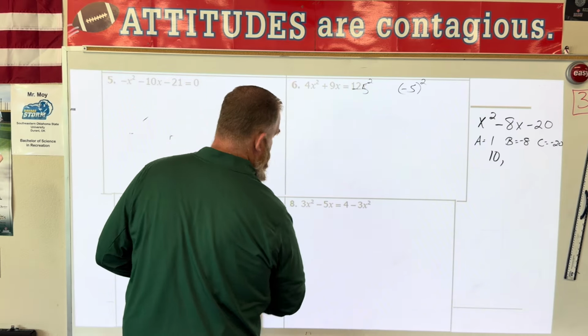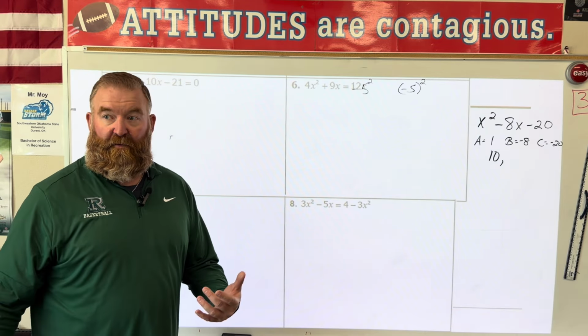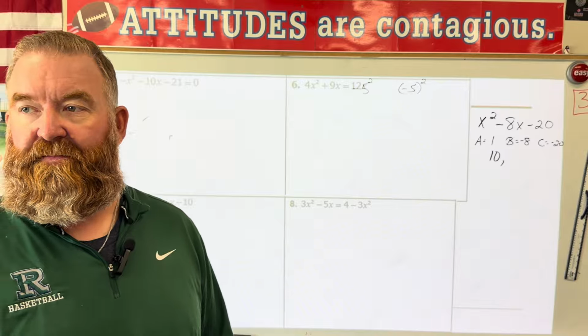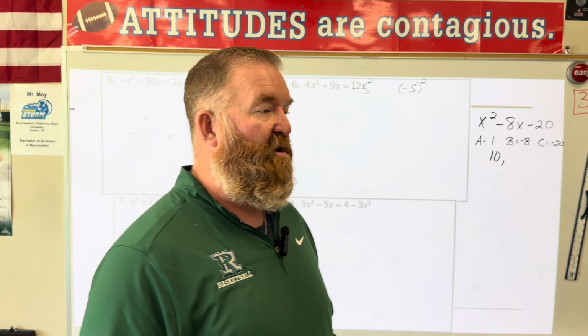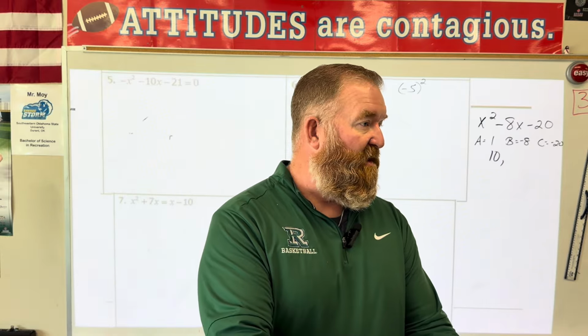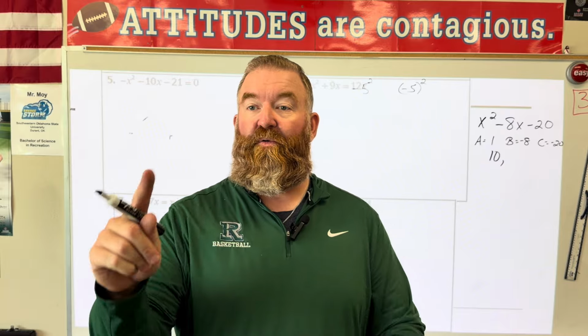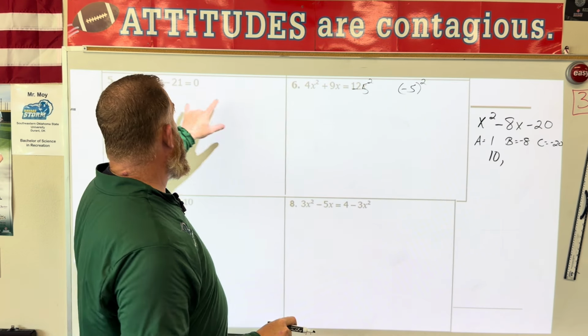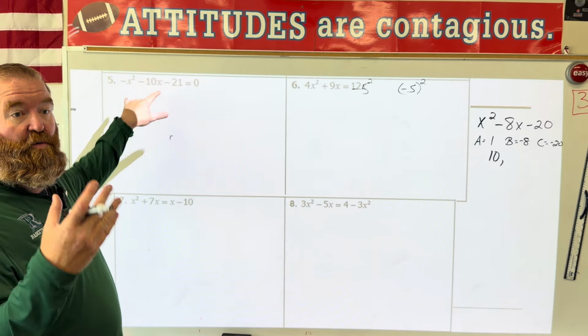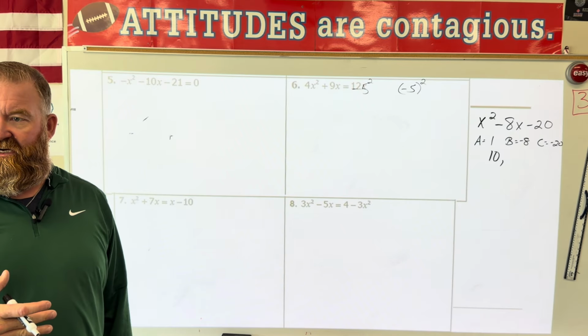I am completely making this up. Like right now while I'm standing here, I have no idea what I'm going to write. Okay, so this is completely made up. You need to work with your partner to identify the A, the B, and the C in this formula that I'm about to give you, and you need to write the equation. So your answer is going to look like this. Not the fraction. I'm going to write the fraction. We're working backwards now. Everybody understand?